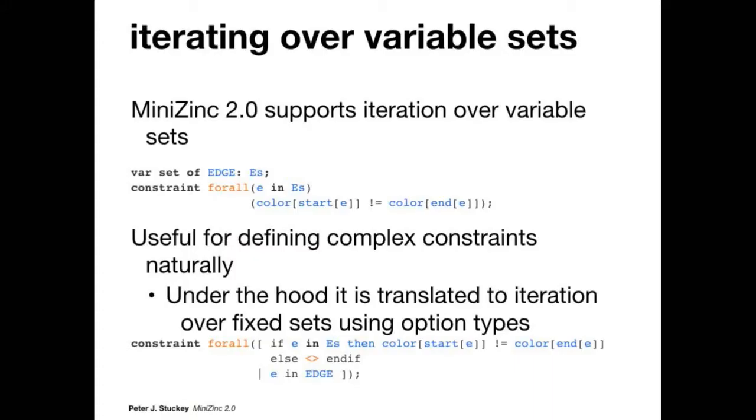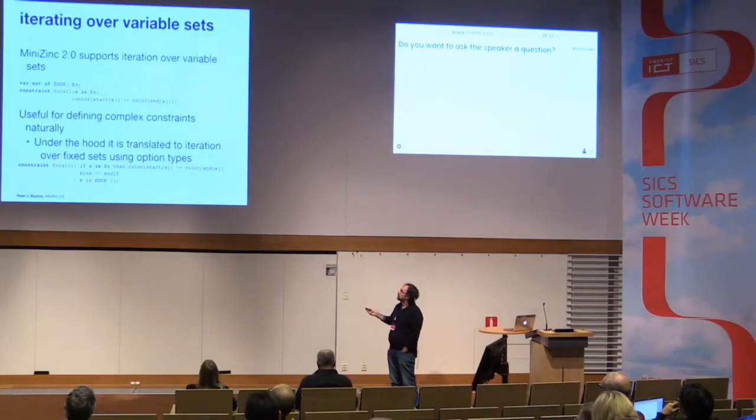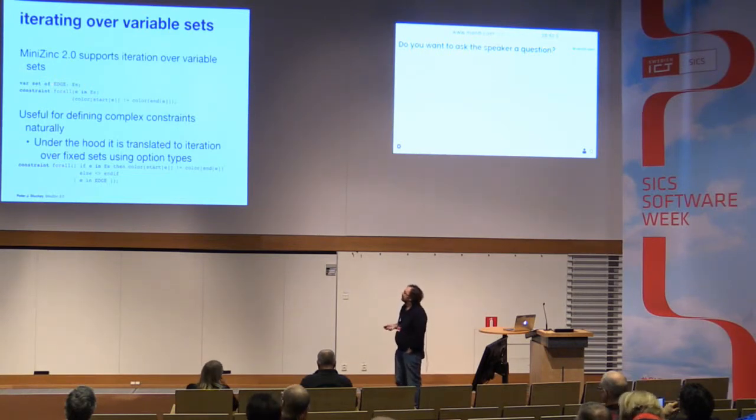You can do the same thing; we can also iterate over variable sets. So we have set variables like this one here. I might want to only have the color constraint occur, that the two colors are different, for some set of edges. So I'd write this very naturally by just iterating over the set of edges which are chosen. And this is very useful for defining complex constraints.